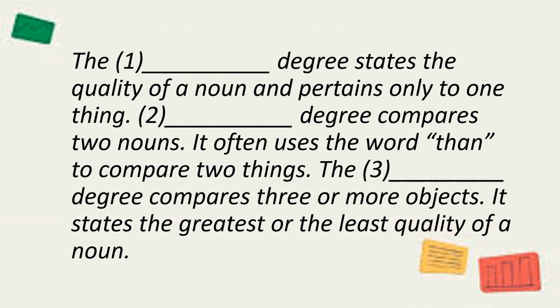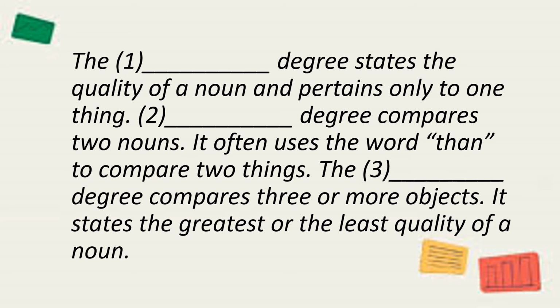Let's reflect on your learning. The blank degree states the quality of a noun and pertains only to one thing. Blank degree compares two nouns. It often uses the word than to compare two things. The blank degree compares 3 or more objects.